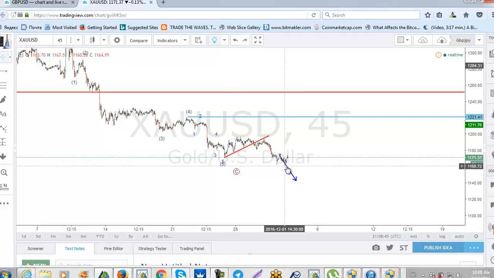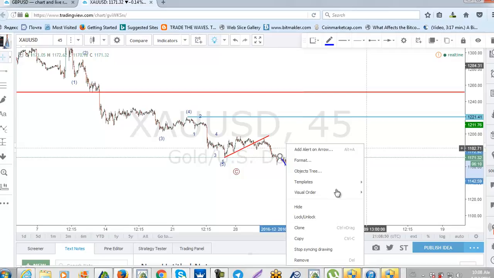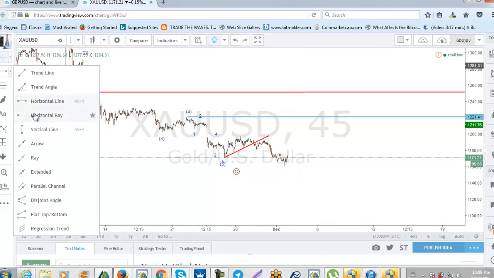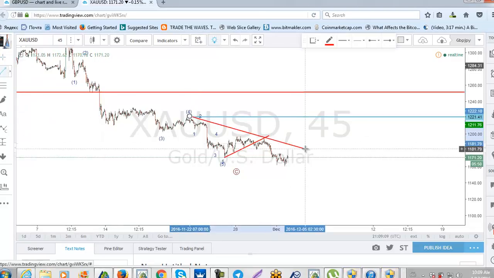But I'm still expecting price to go up. Okay, the final target I was expecting price to even get was 1155, and then price almost got there. This is 1159, and I will be looking forward to a buying position if price could break above this trend line here.